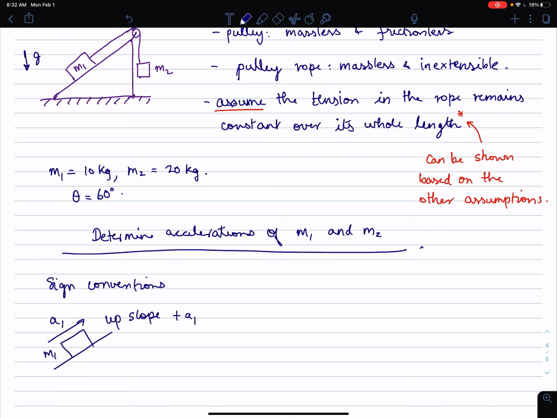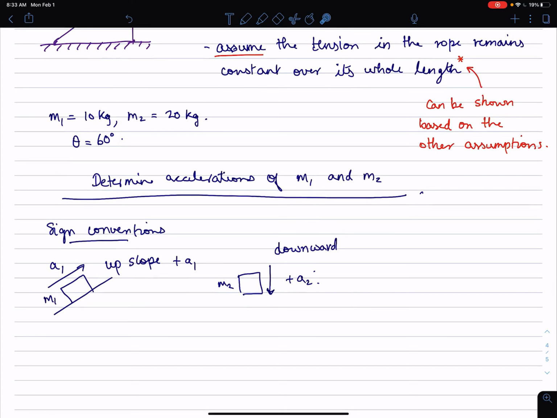Similarly, let's say for the mass m2, going down, a2 downward is positive a2, okay? In other words, if the mass is accelerating downward, the acceleration is positive. If it happened to be accelerating upward, it will be negative. Okay, so these are just sign conventions, okay?